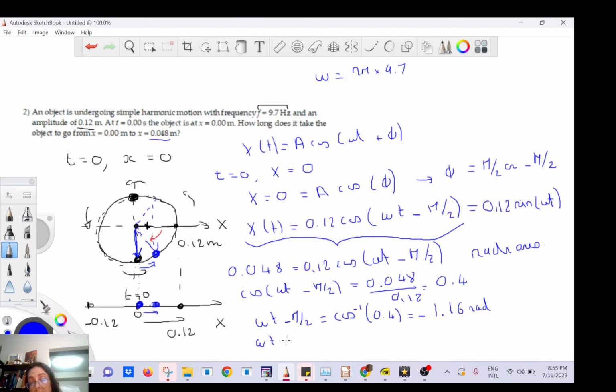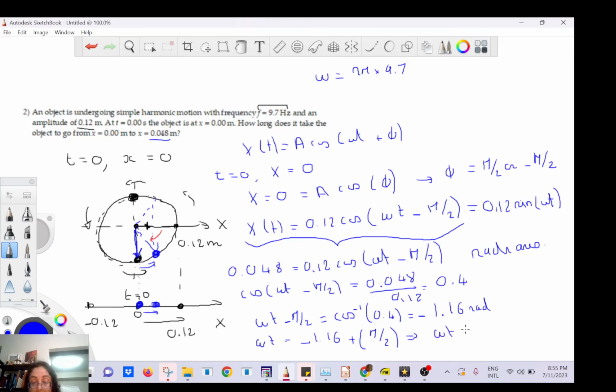So omega t equals minus 1.16 plus pi over 2. And I didn't do it, so I'm going to do it. So you do that, and then you solve for t. So you do minus 1.16, okay, plus pi divided by 2. Okay, so that's going to be 0.41.